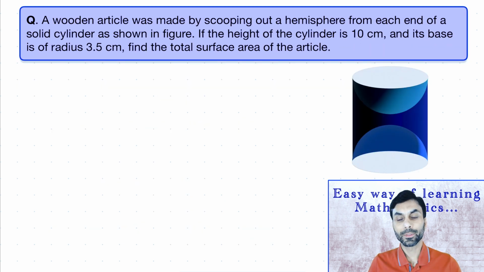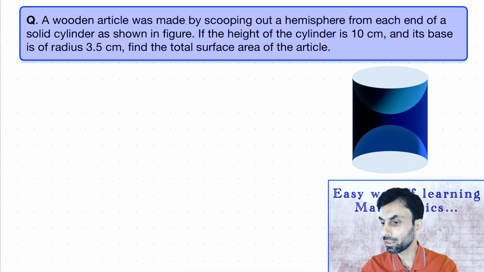Next question is, a wooden article was made by scooping out a hemisphere from each end of the solid cylinder as shown in the figure. If the height of the cylinder is 10 cm and its base is of radius 3.5 cm, find the total surface area of the article.